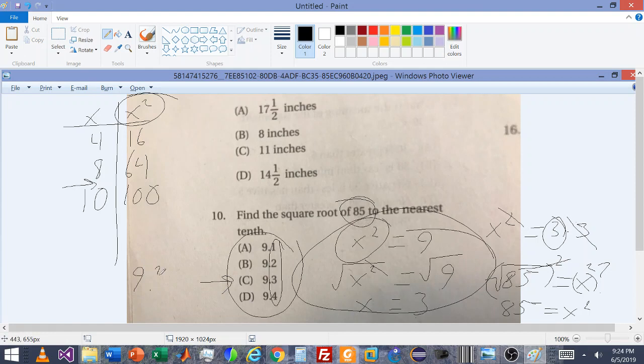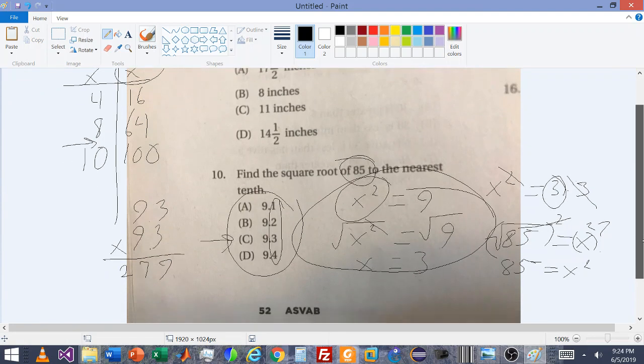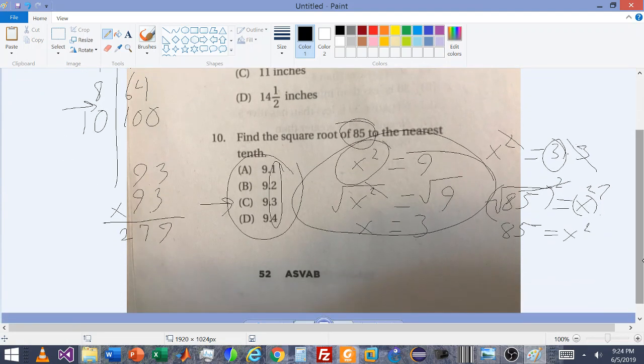Let's see if 9.3 times 9.3, let's see what that equals. So 3 times 3 is 9. 3 times 9 is 27. Okay, I need some room here. Okay, and then same thing, but you drop a 0, and so you ought to get a very similar value here.